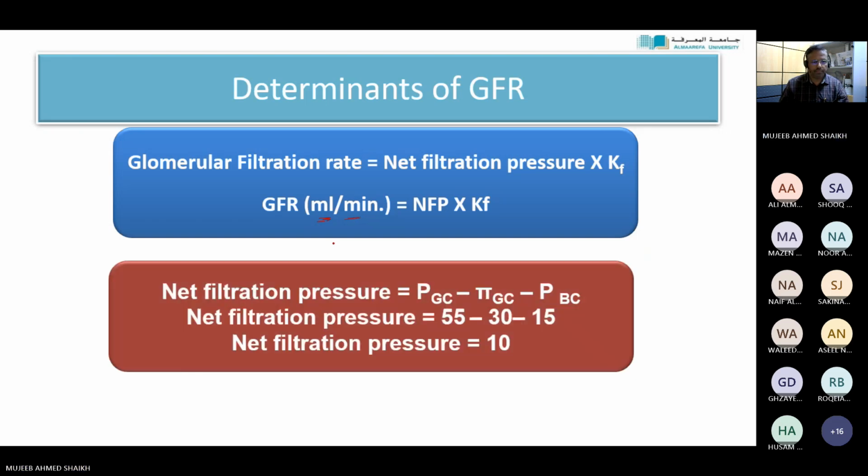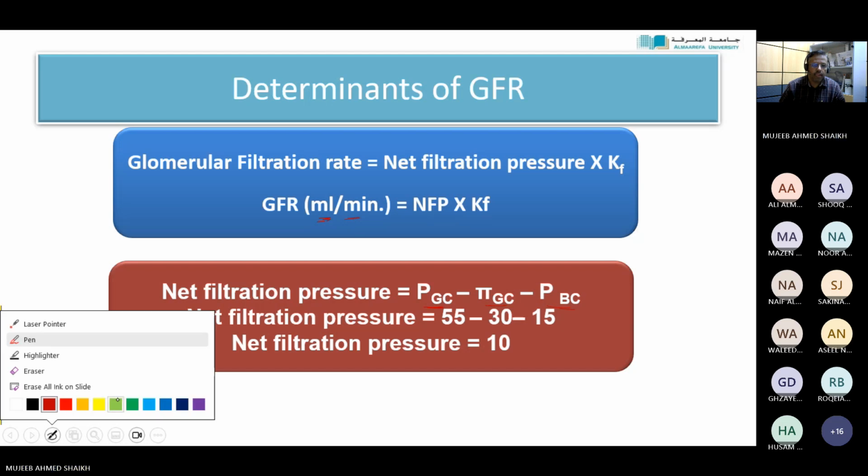Now see, net filtration pressure is equal to the glomerular capillary hydrostatic pressure minus glomerular capillary osmotic pressure minus the Bowman's capsule hydrostatic pressure. Anything else? Anyone want to ask me a question?